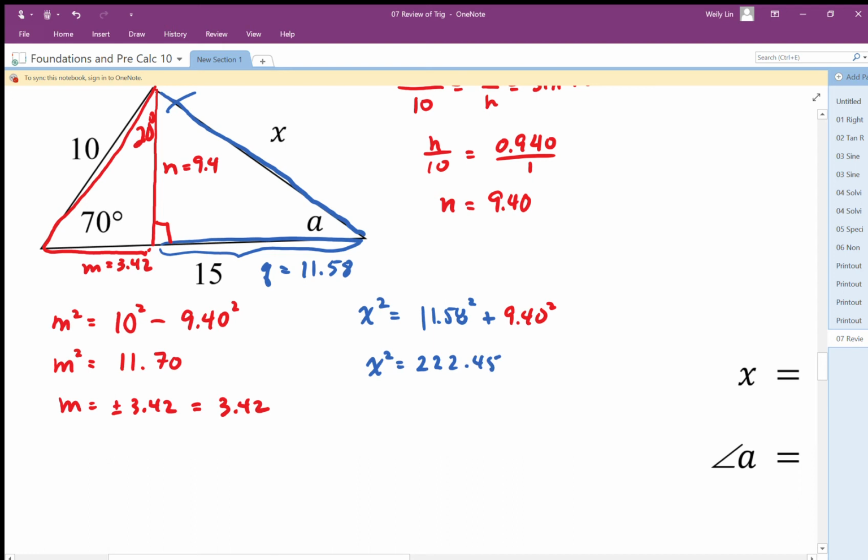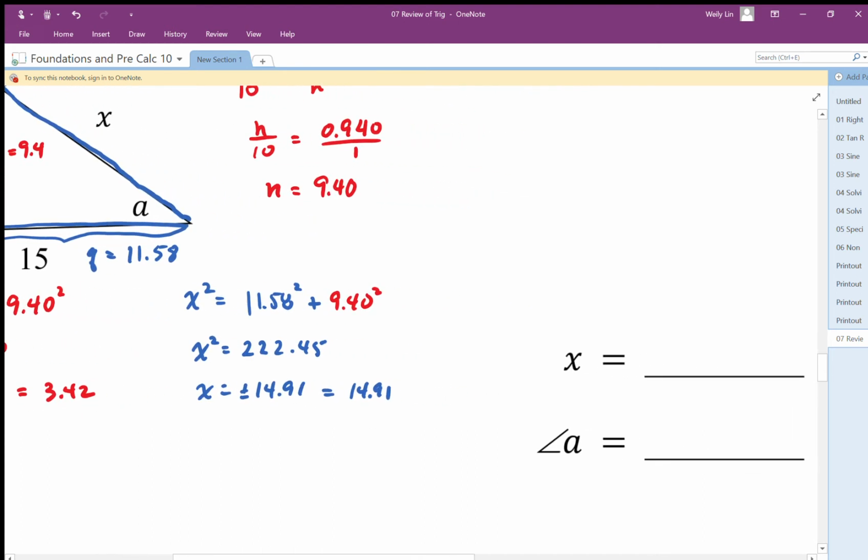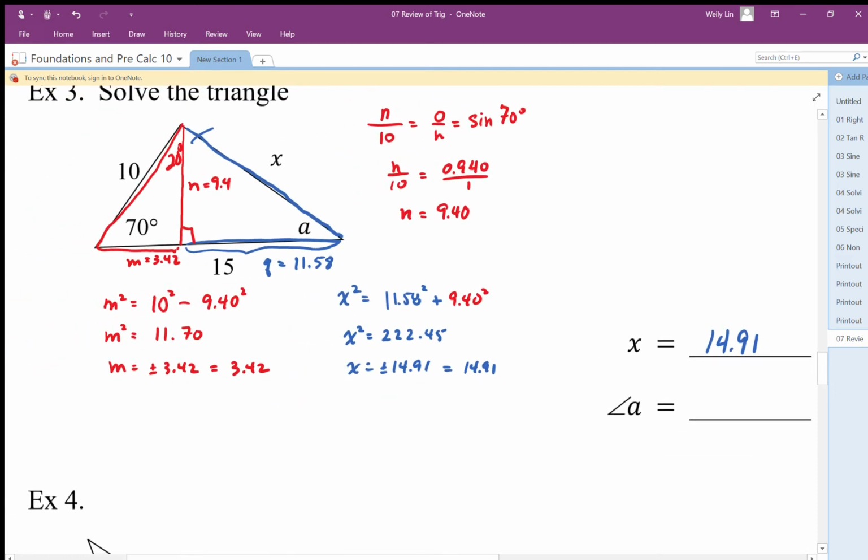I'm going to square root that, and so I end up with X equals approximately 14.91. So 14.91 is going to be my length of X. I'm just going to record that so that I have it. That's one of the pieces I need to solve for.